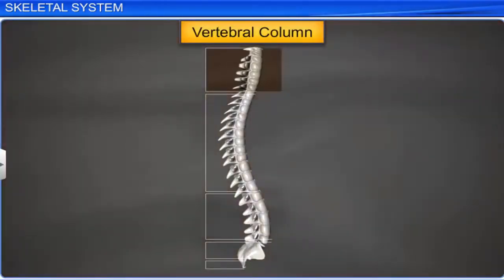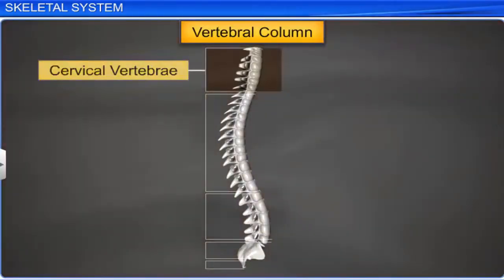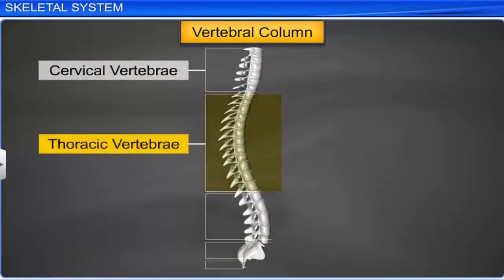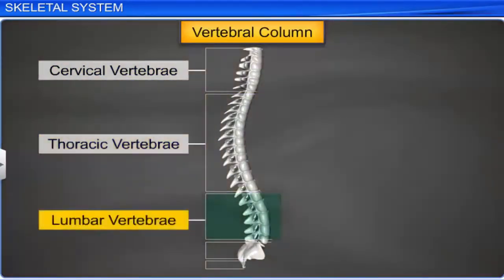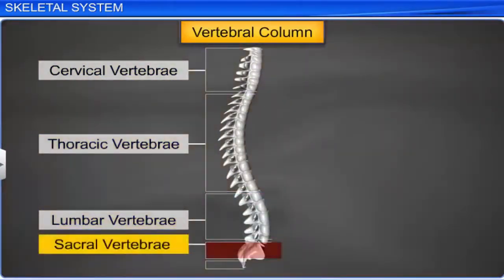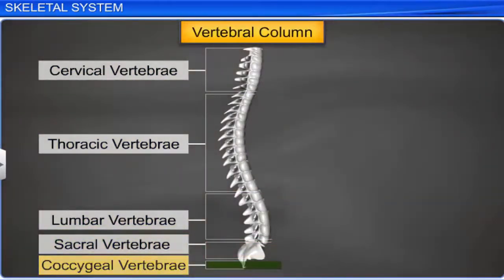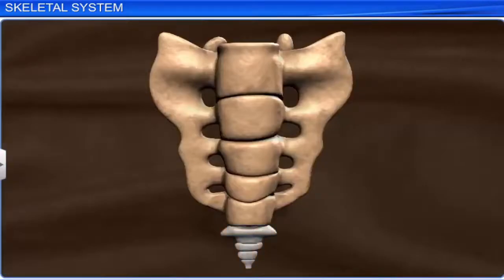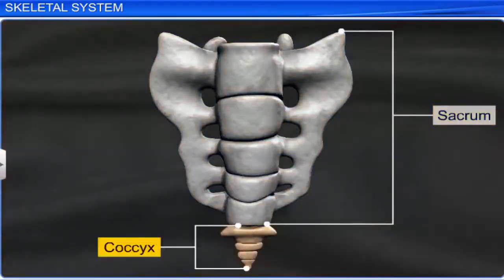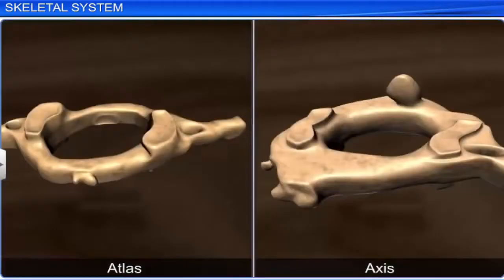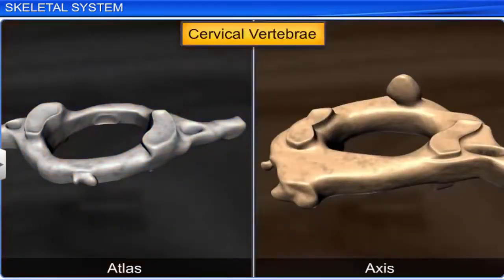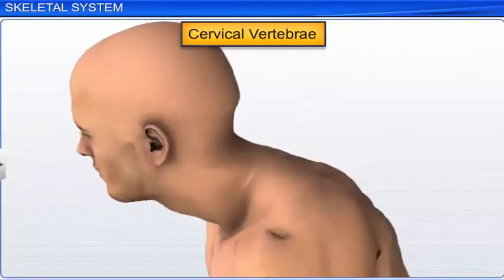The neck region has 7 cervical vertebrae, followed by 12 thoracic, 5 lumbar, 1 sacral, and 1 coccygeal. In adults, the sacral and coccygeal vertebrae unite to form the sacrum and coccyx respectively. In fact, the first 2 cervical vertebrae, called the atlas and the axis, allow nodding and rotating movements of the head.